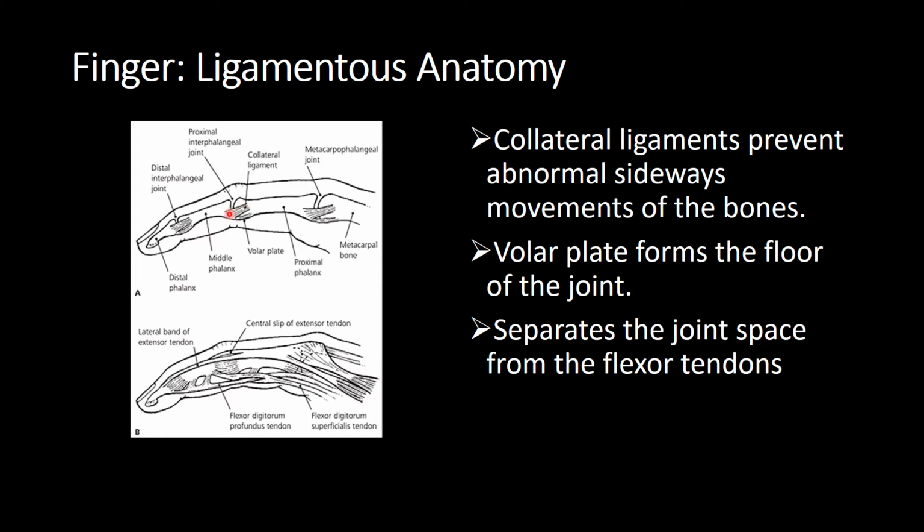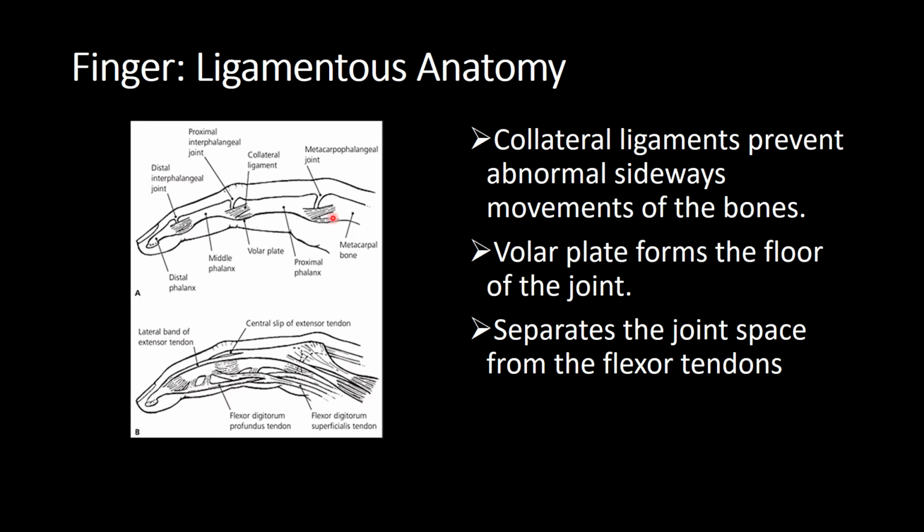Our middle collateral ligament extends from the lateral margins of the head of the proximal phalanx and then extends into the lateral margin at the base of the intermediate phalanx. And lastly, the distal collateral ligament extends from the lateral margins of the head of the intermediate phalanx and inserts into the base of the distal phalanx.